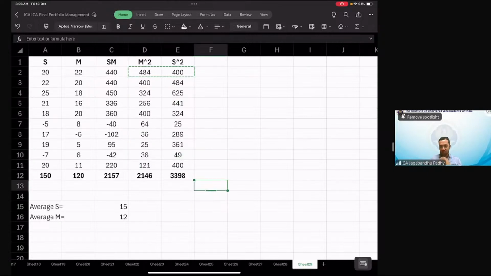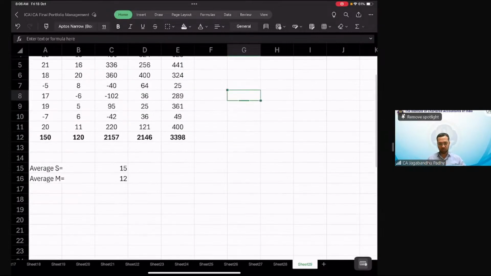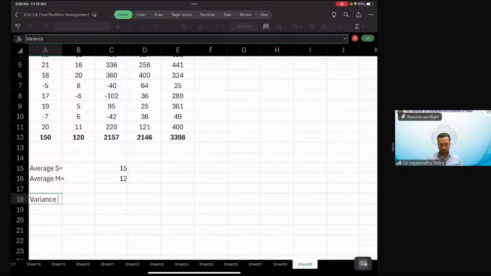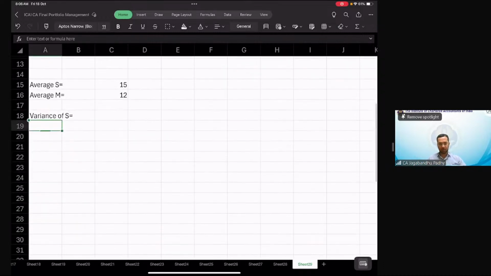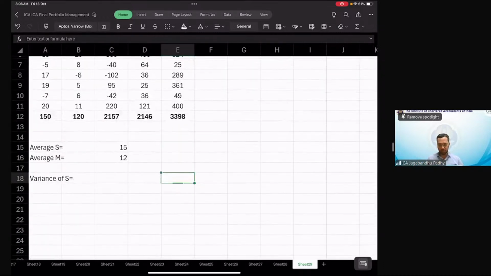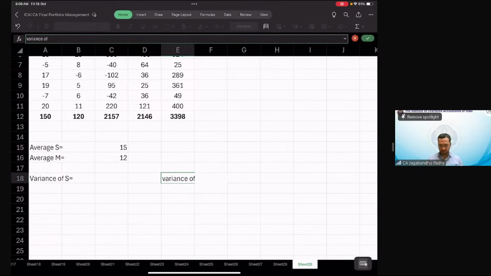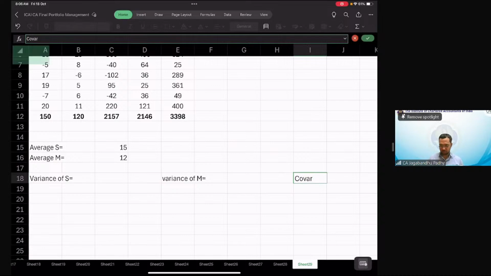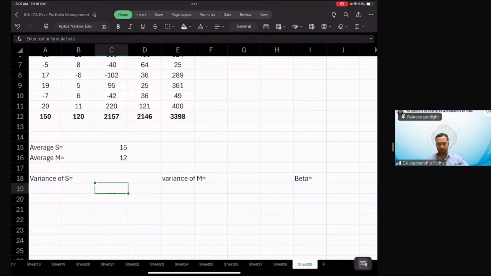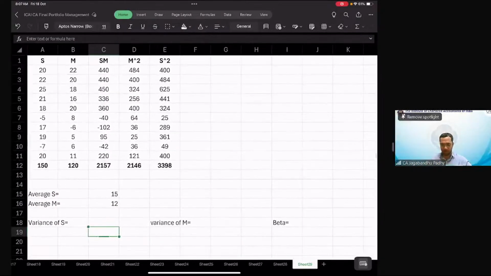Now what I need from you is variance of S. I need from you variance of security. Okay, then I'll need from you variance of the market, and of course I'll need beta from you. So beta, I'll just write down the formula over here and you just give me these numbers.